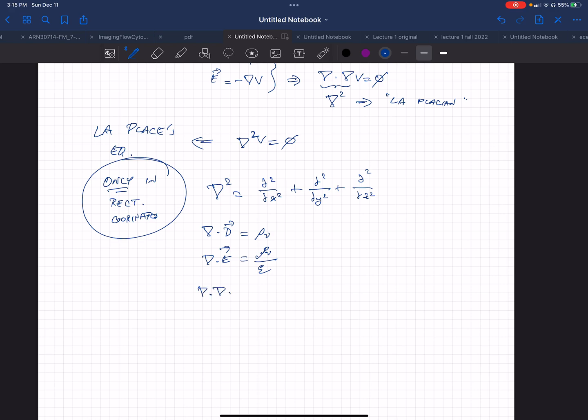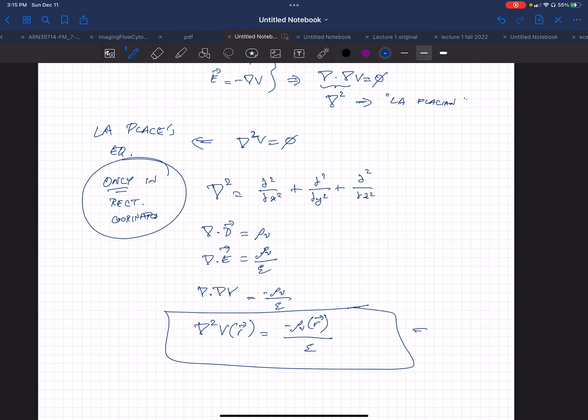And so the Laplacian of the voltage, which is a scalar field, so it's a function of position, is minus the charge density, which is also a scalar field, over epsilon. And this ends up being called Poisson's equation.